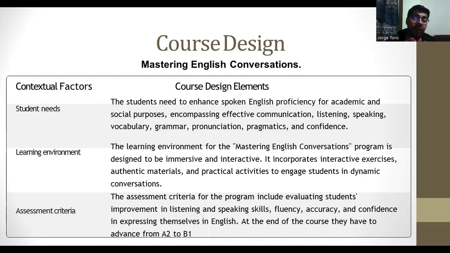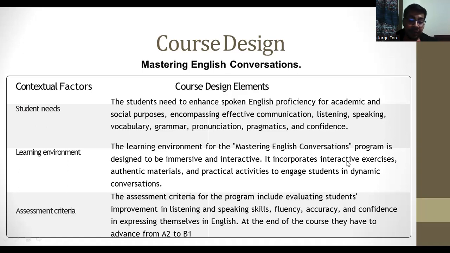Now, the learning environment for Mastering English Conversation. The program is designed to be immersive and interactive. It incorporates interactive exercises, authentic materials, and practical activities to engage students in dynamic conversation.